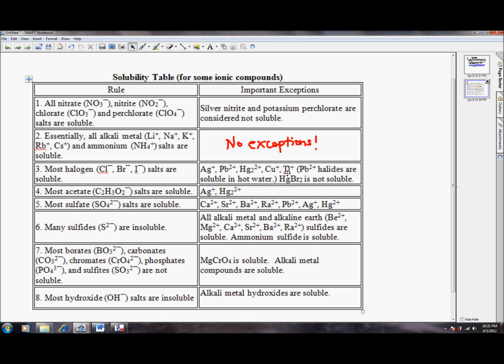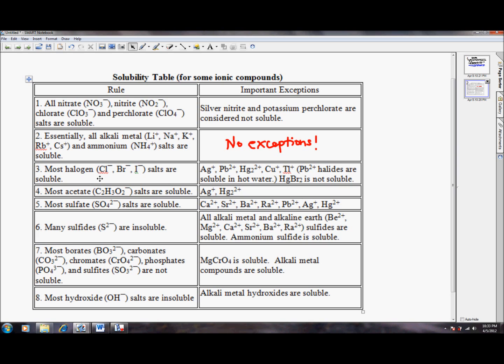This is thallium. Sorry, that is titanium. And lead halides, it says right here. A halide is another word for a halogen salt. Those are soluble in hot water, but they don't dissolve when the water is cold. Okay, and HgBr2 is specifically not a soluble compound. So you have to read them very carefully.